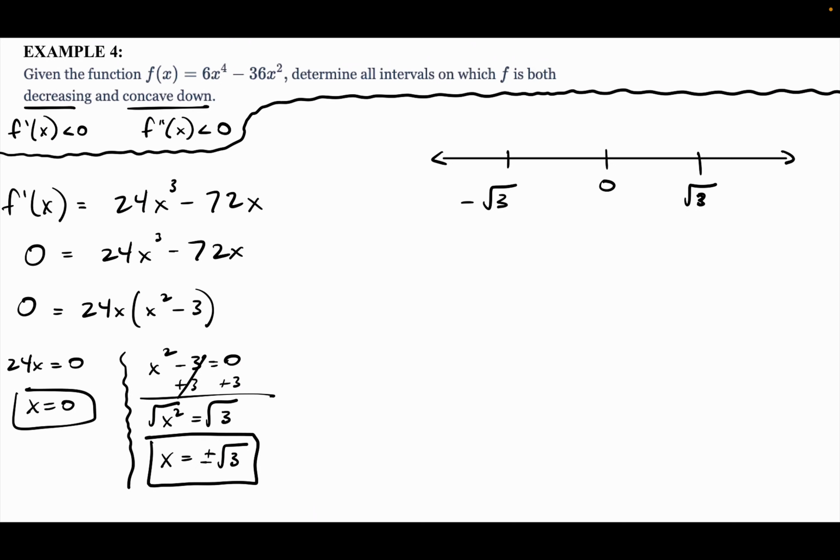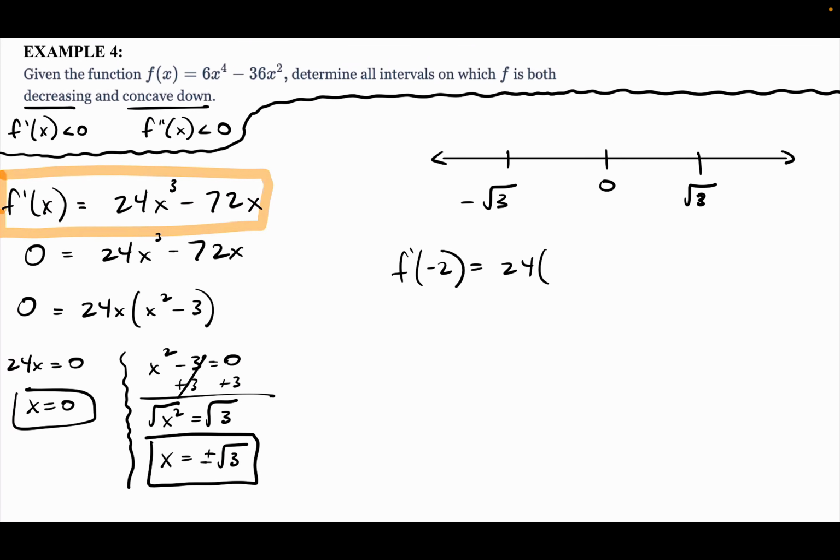Negative square root of 3 is between negative 1 and negative 2. All right. So first derivative. Plug in a number less than negative square root of 3, so negative 2, negative 3. I'll pick negative 2.